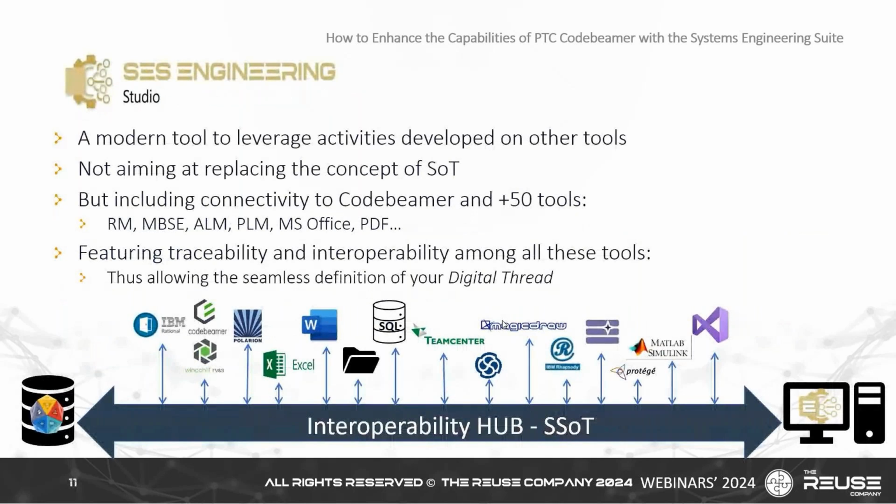That is why the other tool that you will see today is our tool, SES Engineering Studio, which is a modern tool leveraging some activities on top of other tools. You cannot see this tool as a replacement for Codebeamer, and it is not a replacement for any other of the tools that we connect to. Today, we connect to more than 50 different tools in the fields of requirements management, MBSE, ALM, PLM, and Microsoft Office, PDF, and some others.